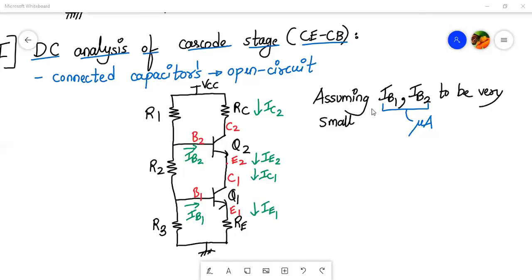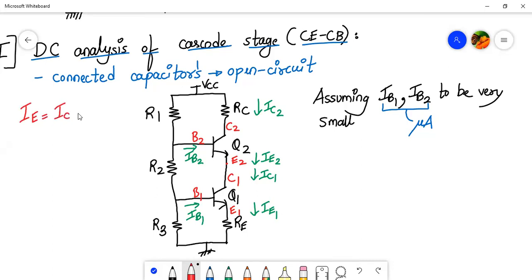Okay. So why can we make such an assumption? Now let us look back. Basically, your emitter current in a BJT is equal to the collector current plus the base current. Now let me tell you the ranges of these things. Emitter current is normally in milliamperes. Collector current is also in milliamperes, and your base current is normally in microamperes, right?